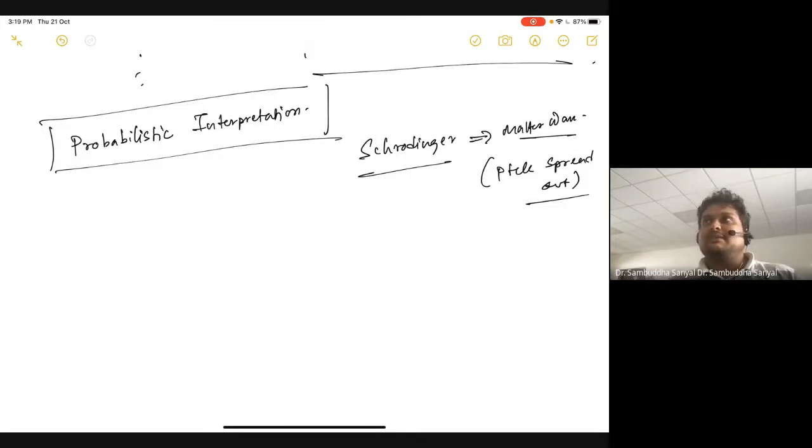And the structure was, as I said, already there in classical mechanics in terms of the Hamilton-Jacobi formalism. Did you learn Hamilton-Jacobi in classical mechanics? Any comment?